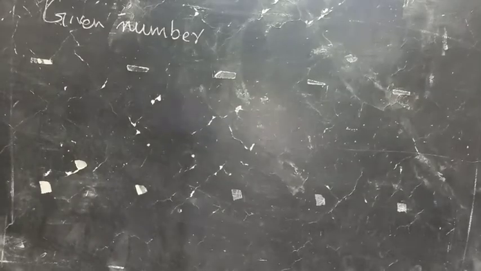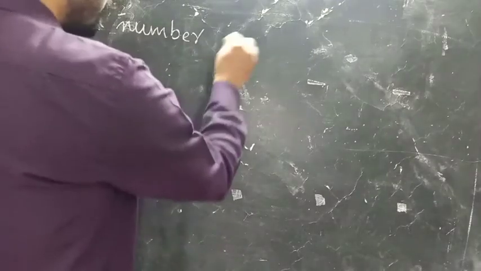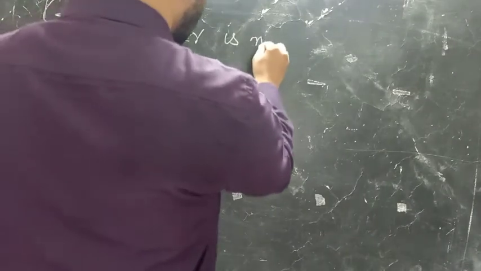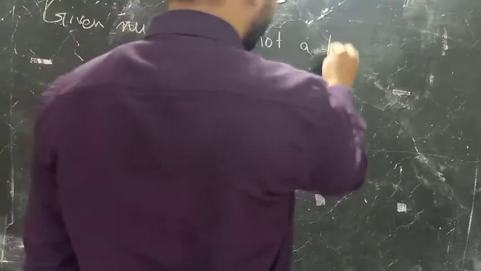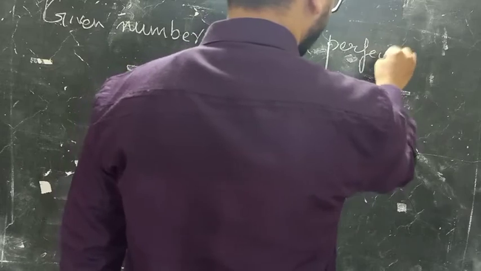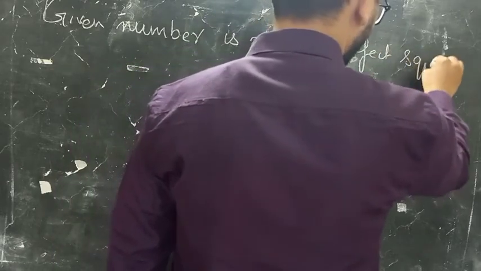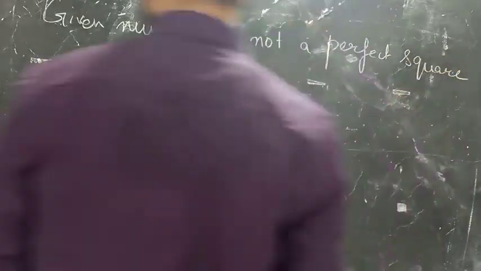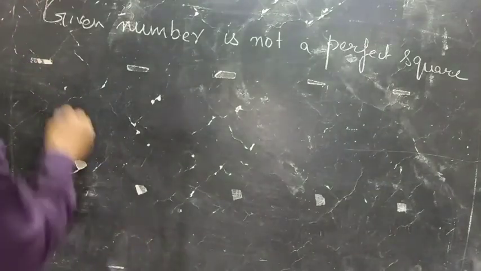This is a general statement, students, that a given number is not a perfect square. Now there are two conditions.